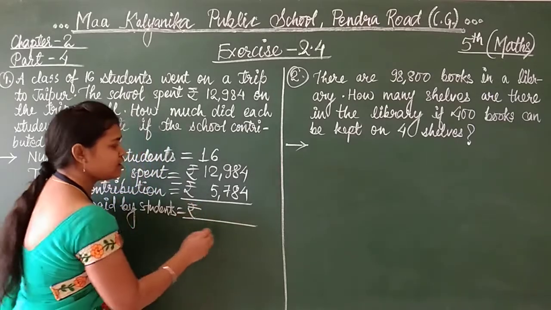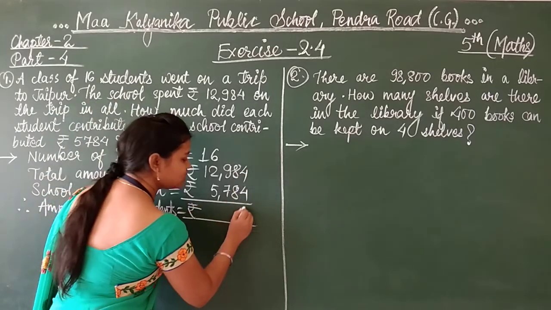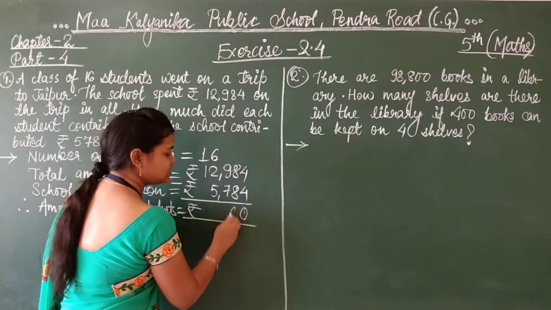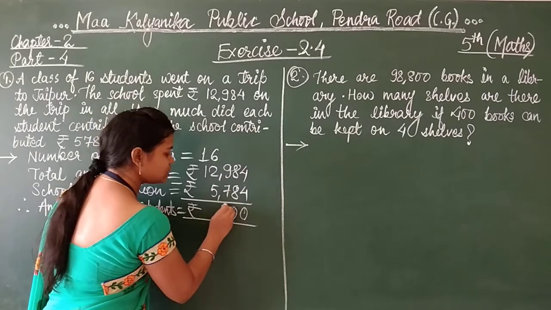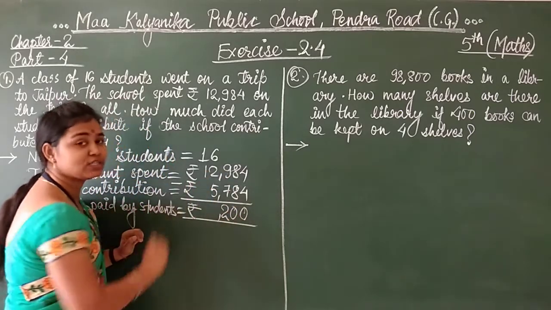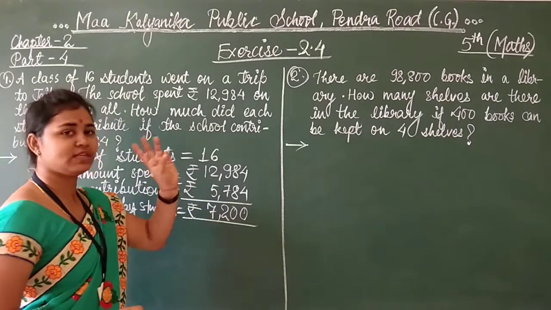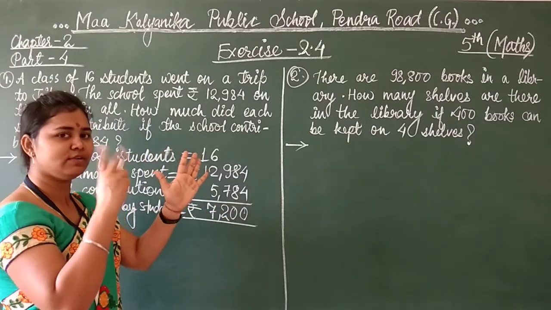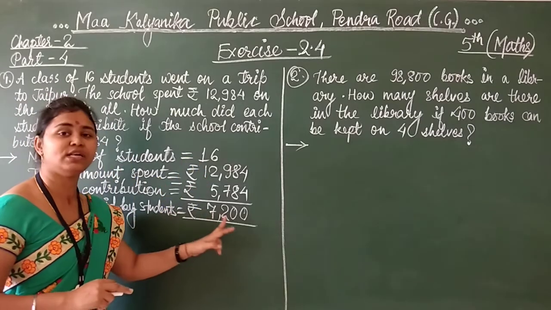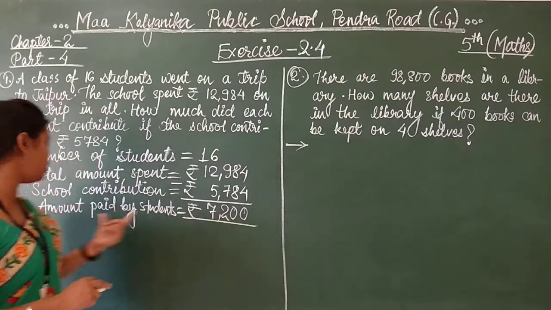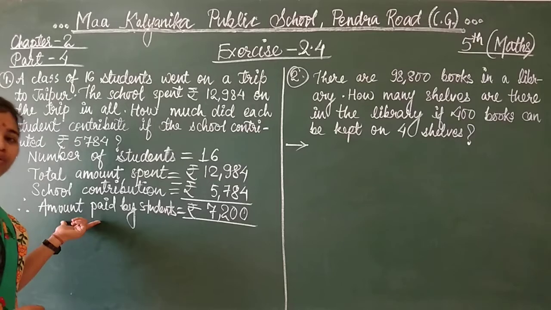So see here, subtracted: 4 minus 4 is 0, 8 minus 8 is 0, 9 minus 7 is 2, 12 minus 5 is 7. So 5, 6, 7, 8, 9, 10, 11, 12. So 7,200 rupees was paid by the students.